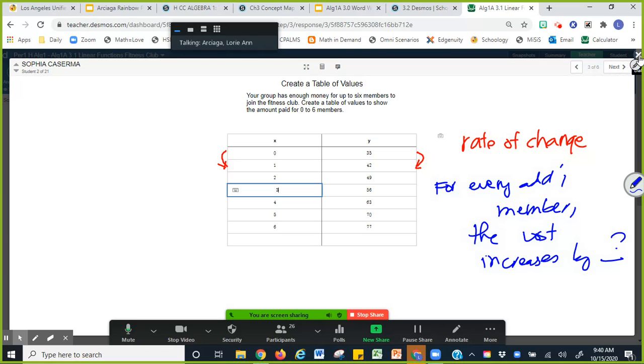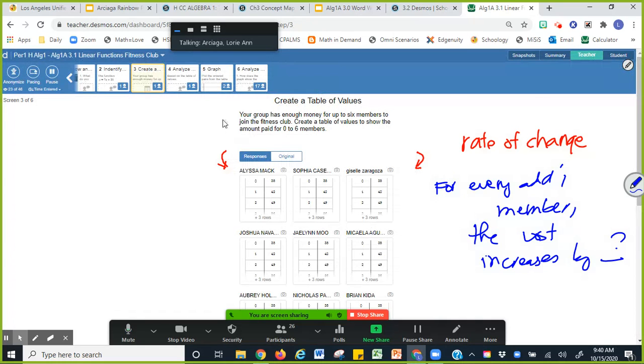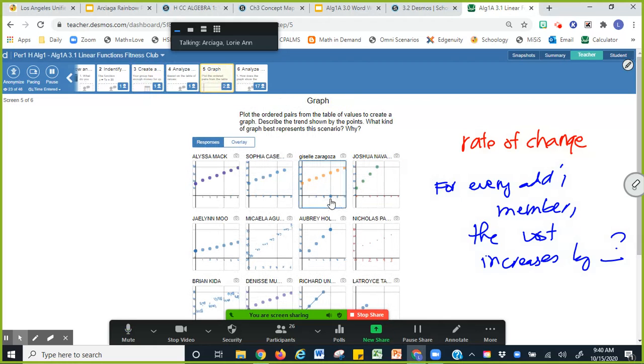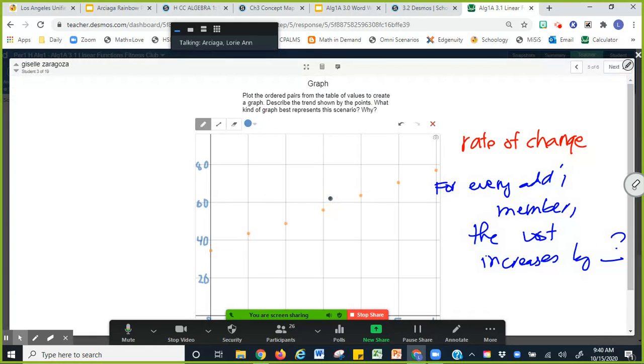And now you're going to relate that. Thanks, Sophia. Use your example. And now that sentence, you're going to relate it to the graph that you created. If I may borrow Giselle's. So how does "for every additional member, the cost increases by" that amount show on the graph?